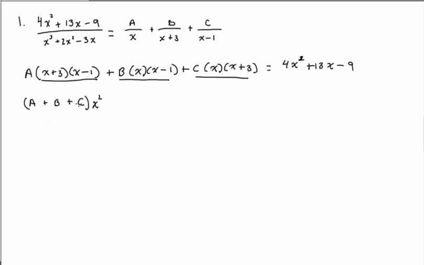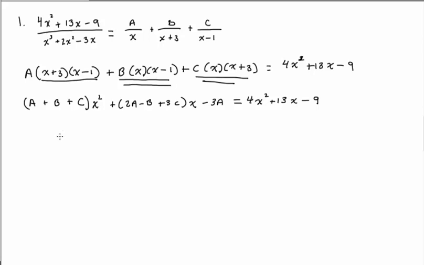So a plus b plus c precedes the x squared. And in similar fashion, 2a minus b plus 3c would precede the x term. And finally, minus 3a. That would be the only constant term, because these terms over here would both have x in them. And finally, we restate that that's going to equal 4x squared plus 13x minus 9.